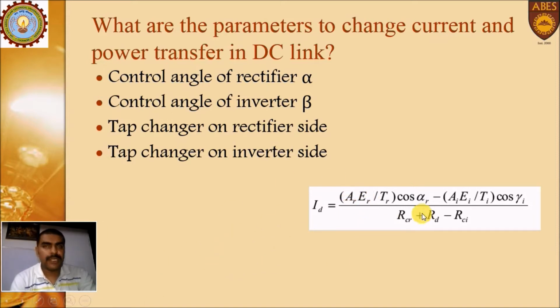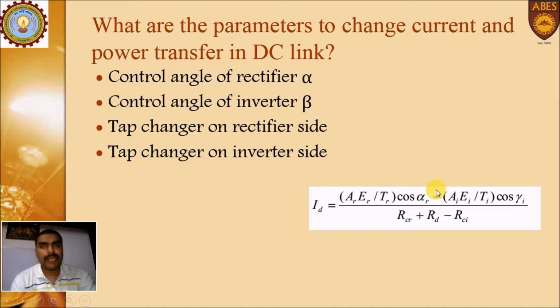From this equation it is already clear that there are four parameters which can be varied. One is this alpha R, the control angle or firing angle which can be controlled at the rectifier terminal.